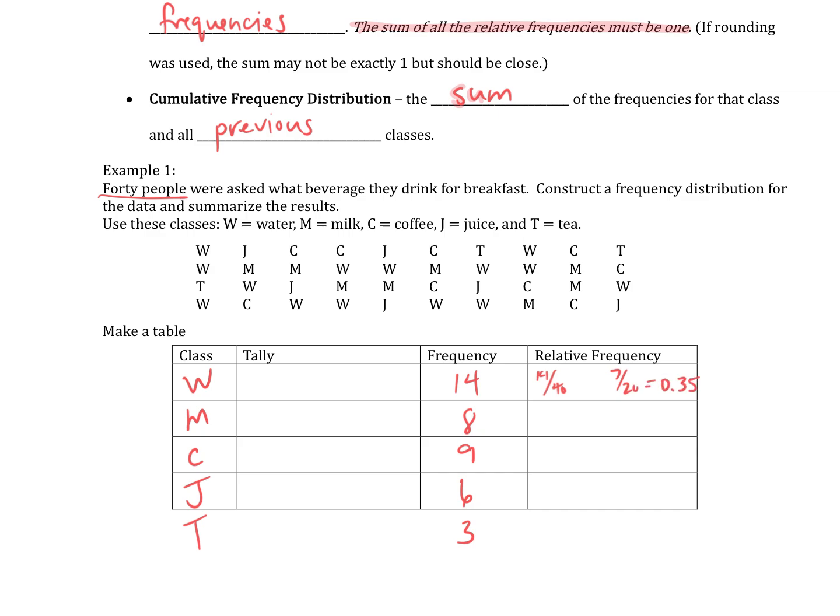Now, when we start graphing the percentage, the decimal may be more useful than the fraction. So the next one is going to be 1/5 or 0.20. 9 over 40 or 0.225. Because these are all nice fractions or decimals, I'm going to go ahead and use all the decimal places.